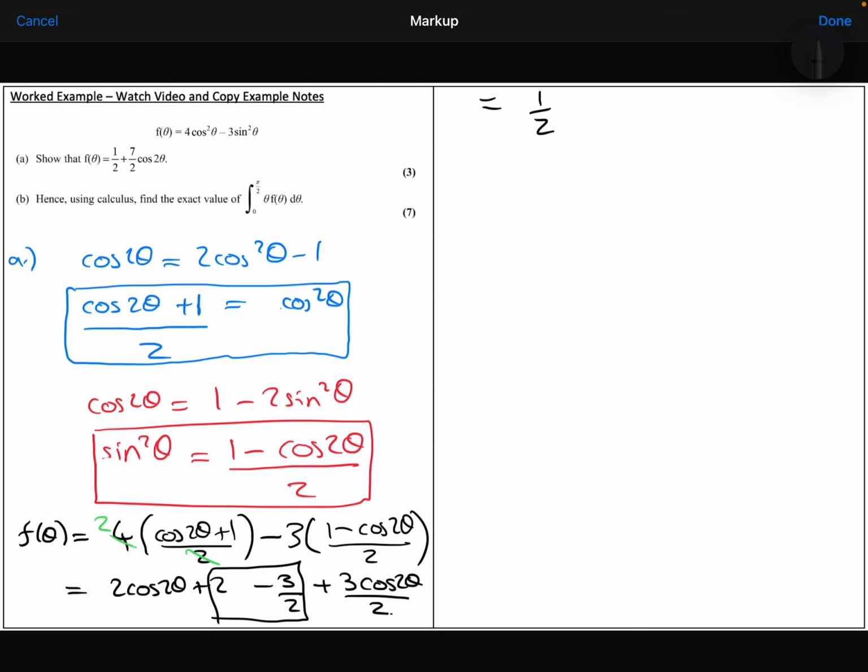And then I've got the 2 cos 2 theta plus 3 over 2 cos 2 theta, which is 7 over 2 cos 2 theta. So that is part A of this question done.